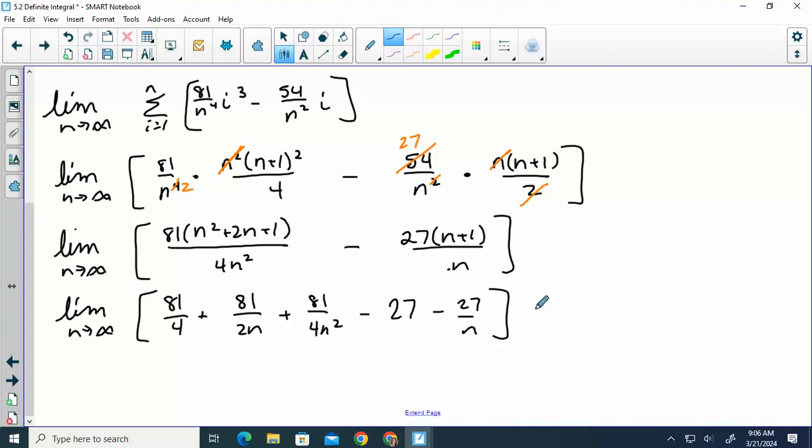Alright, now we can do our limit. So anything with an n on the bottom, a number over infinity, goes to 0. So we get 81 over 4 plus 0 plus 0 minus 27 minus 0. So 81 over 4 minus 27.